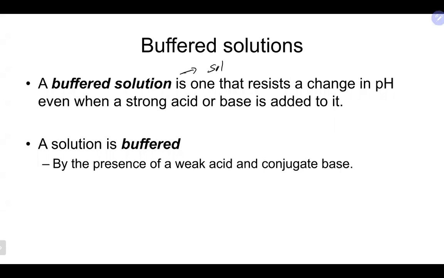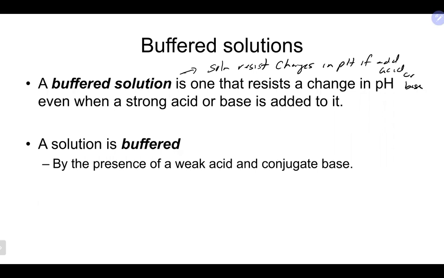The first misconception a lot of people have about a buffer is that it is a neutral solution, and it is not necessarily a neutral solution. You can make a buffer at any pH you like. You can make an acidic buffer, you can make a basic buffer, you could have a neutral buffer.